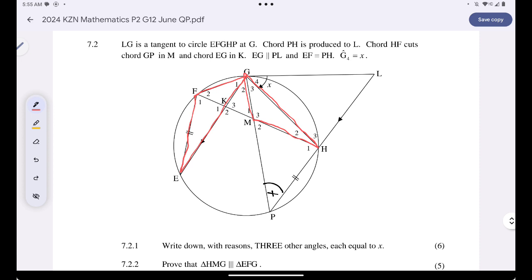Okay, let me write. I was told that EF is equal to PH, which simply means that angle G1 is equal to angle G3. Why? Because these angles are subtended by equal chords.